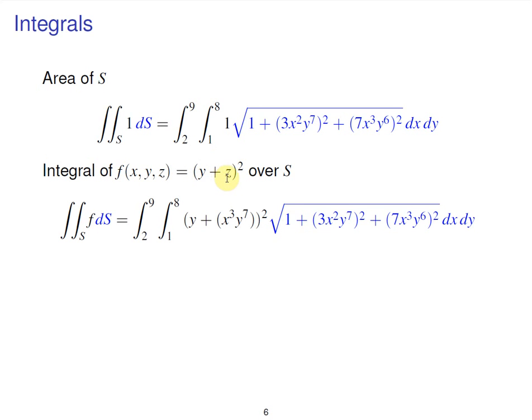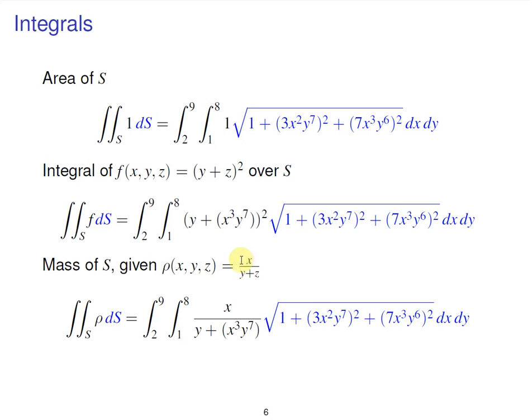The thing is, the provided function has a z in it, and this is a dx dy integral, so we just replace the z with the definition from the function, x cubed times y to the 7th. And finally, if we use the density function, we're going to integrate rho equals x over (y plus z). Same thing, but putting the z in here is not so useful, so we just replace the z with its definition: z is equal to x cubed y to the 7th.